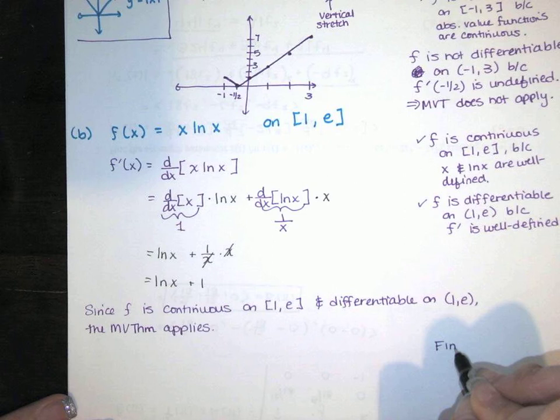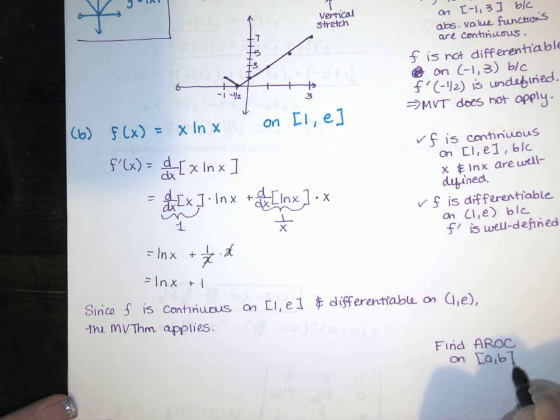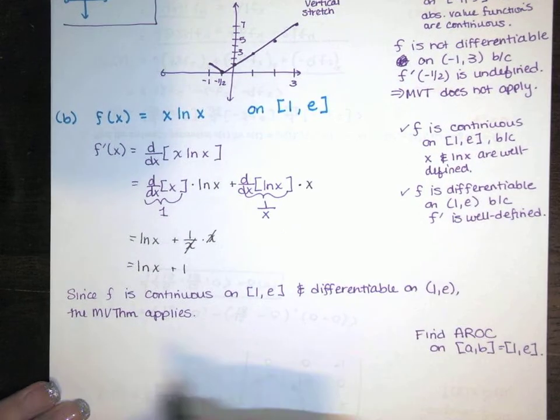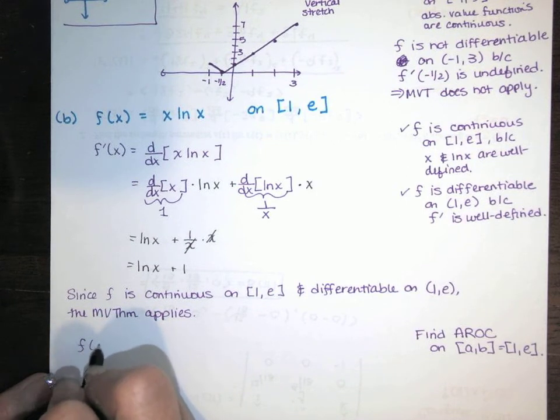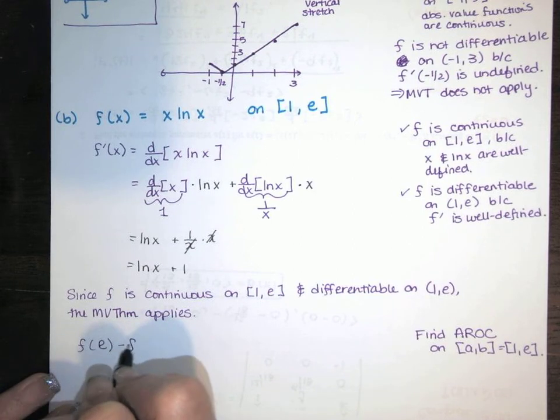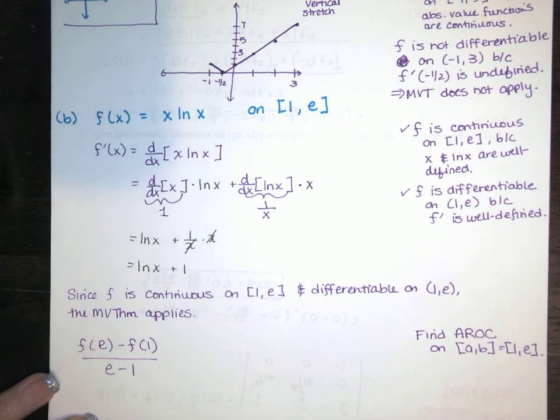The next step is to find the average rate of change on the interval from a to b. And in this case, a and b are 1 and e. So I need f of b, which is e, minus f of a, which is 1, all over e minus 1.